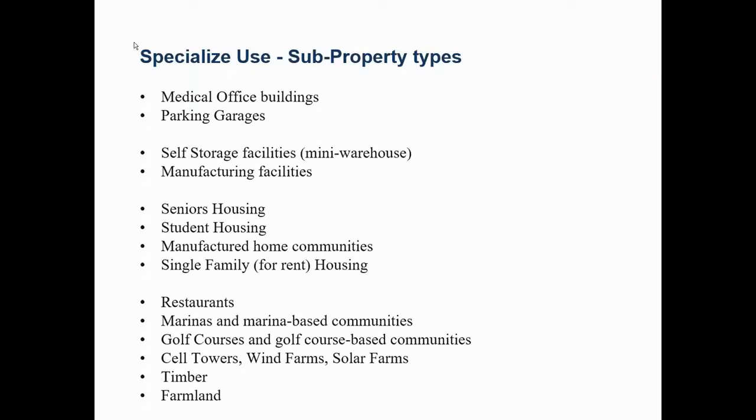So any other questions there? Okay, so let's move on to retail. Obviously, restaurants, a sub property type, hit very hard with COVID. Marinas and marina-based communities. One of my students just did a redevelopment project on a marina that had interior boat storage. They're tearing down the boat storage facility and putting up a high-rise apartment building on that pad.